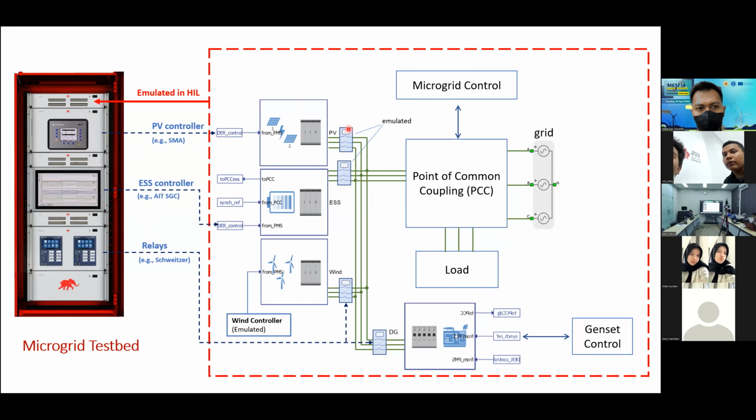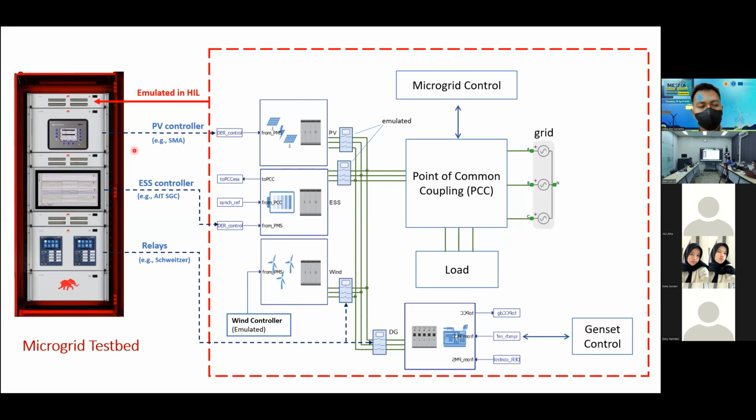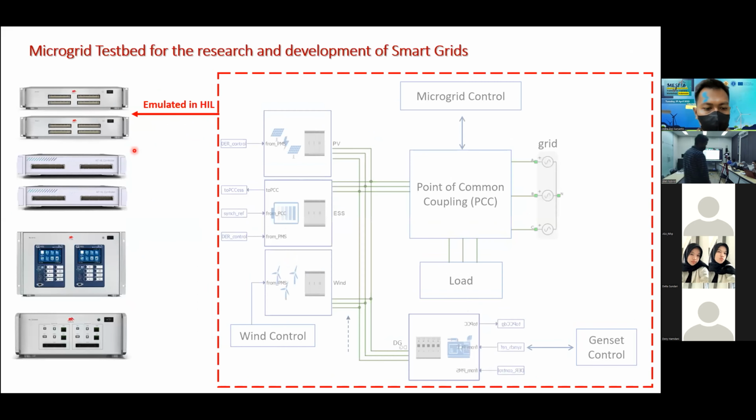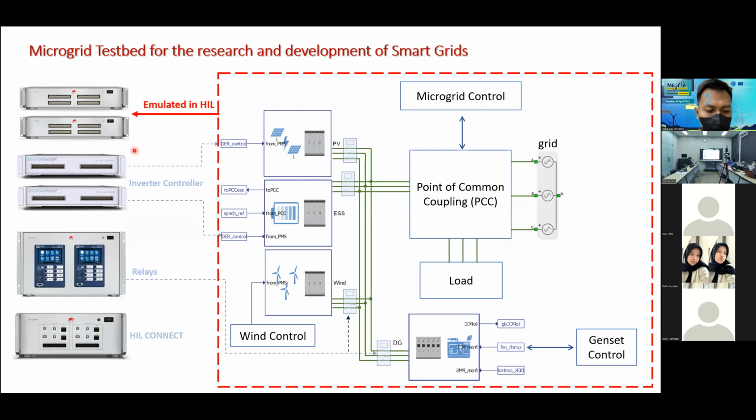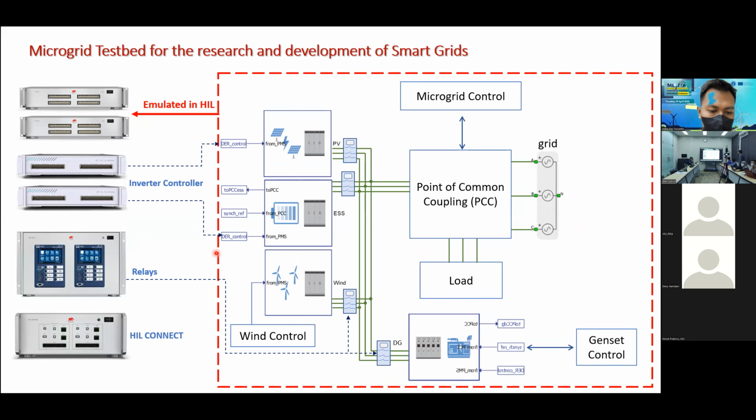Some of the relays are emulated, some of the relays are real actual relays. So there is a hybrid of both sorts. This allows you to fully test your microgrid control. So this is just a blow-up example of how you can use Typhoon HIL to perform microgrid research and development.